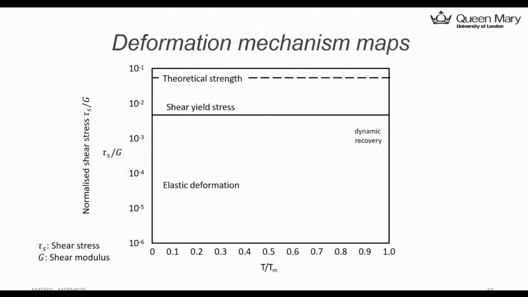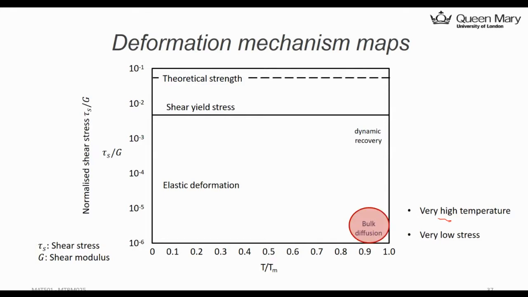Okay, so now let's look at the deformation map, where if we look at the diffusion part, there are two types of diffusion. Look at a condition where you have a very high temperature, for example close to here, and very low stress. The stress axis is very low because you never reach the yield stress.